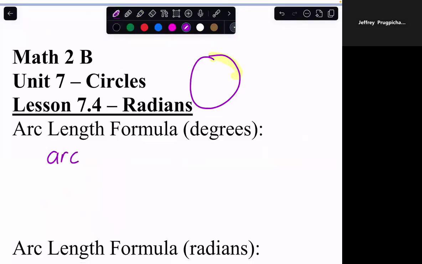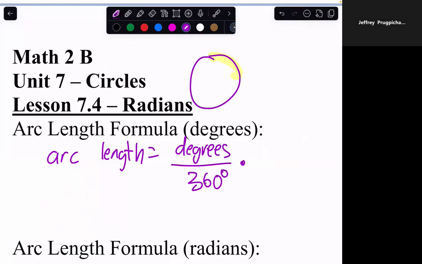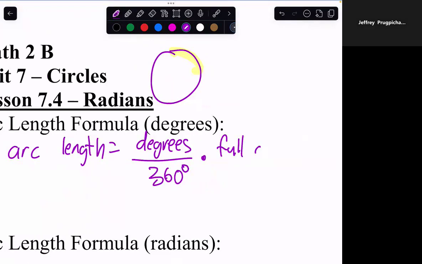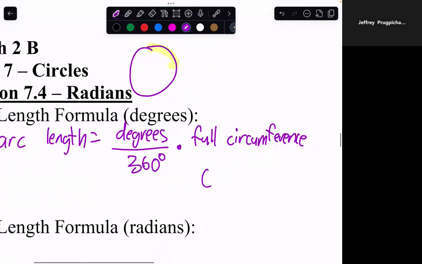The formula we learned was arc length equals the fraction of the circle, degrees out of 360, times the full circumference. And the full circumference you can either say is 2 pi r or pi times diameter.